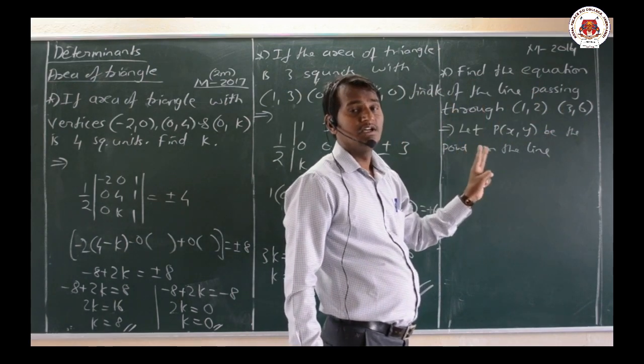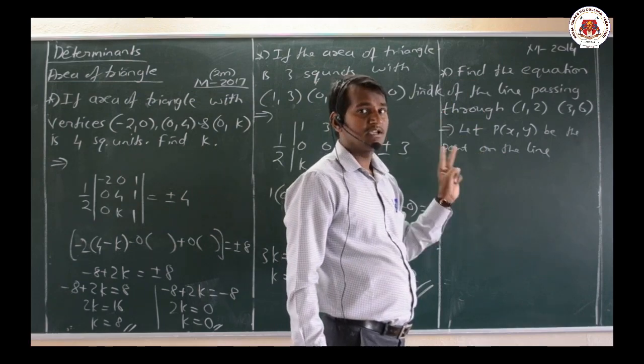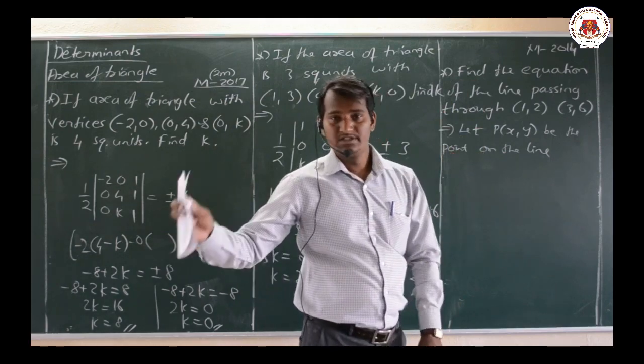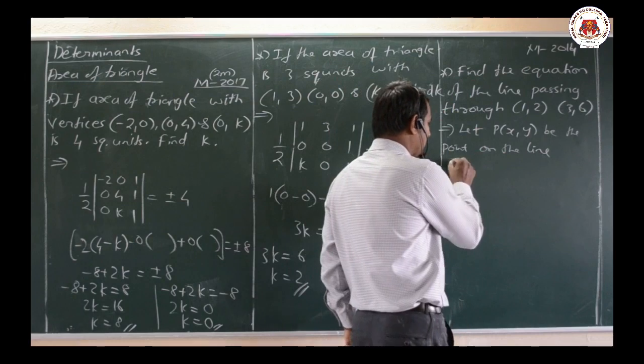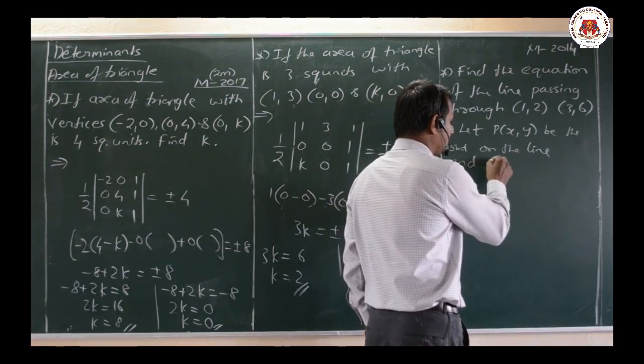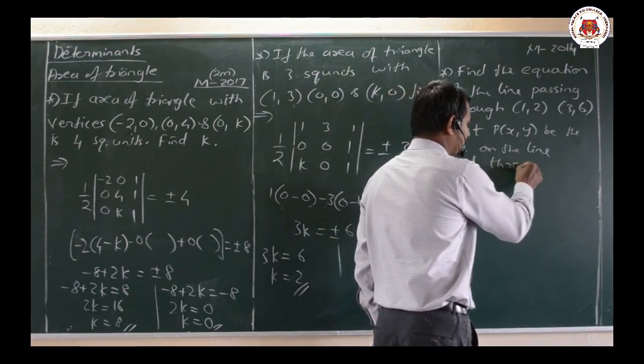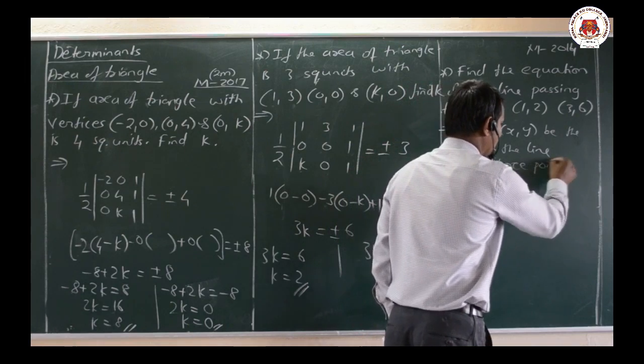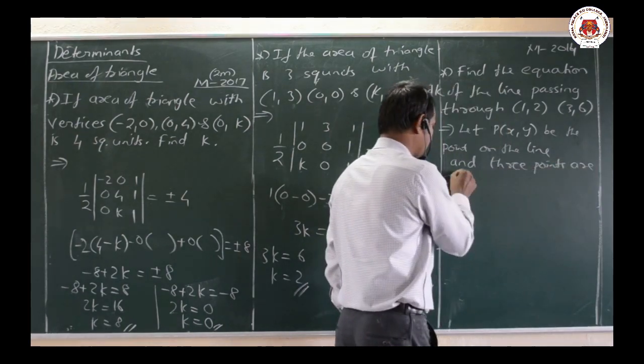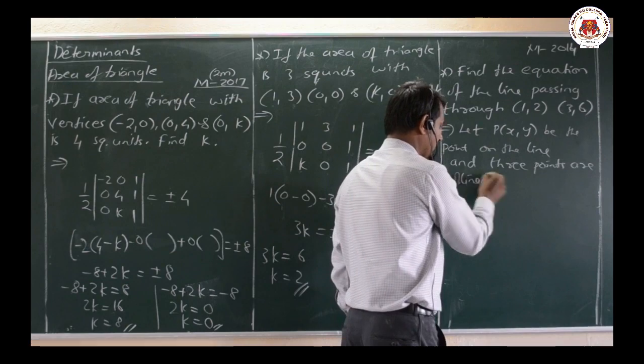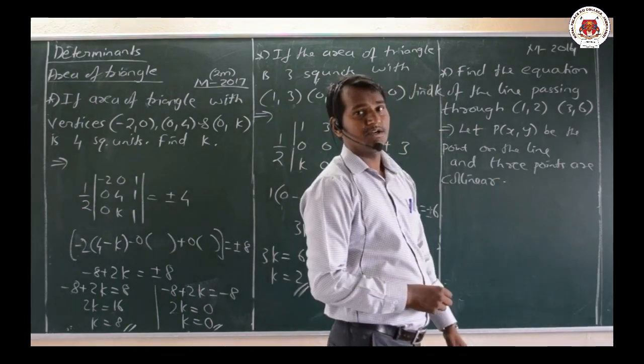Collinear means lying on the same line. Lying on the same line means the area of the triangle will be 0. So the determinant value will be 0.